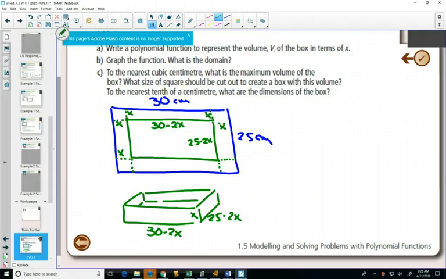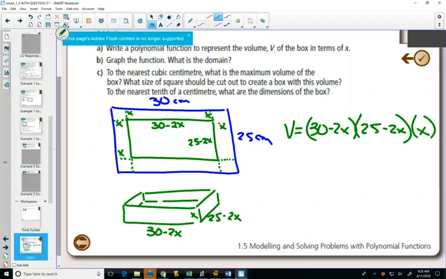And if we're trying to figure out our volume, it's length times width times height, and we set up our volume. And it's in factored form, and we can use our skills at graphing to get an idea of what this is going to look like.